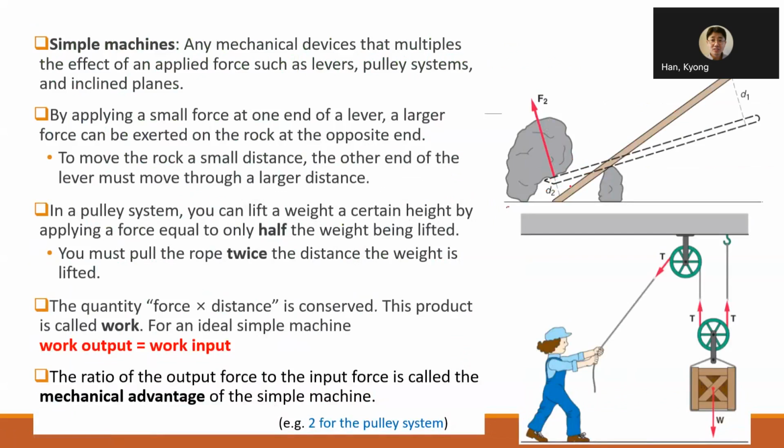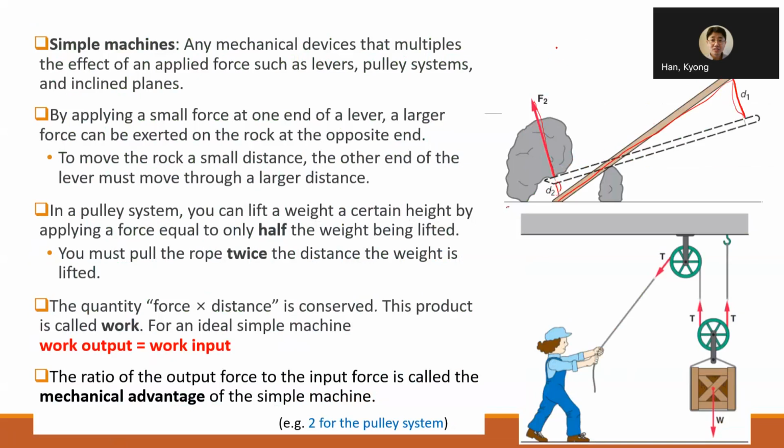But if you use this lever, then you can move this rock with a small force. If you apply a small force, this arrow is small, but the applied force here is really big. But in this case, you have to remember this end moves a really long displacement, but this displacement is short.